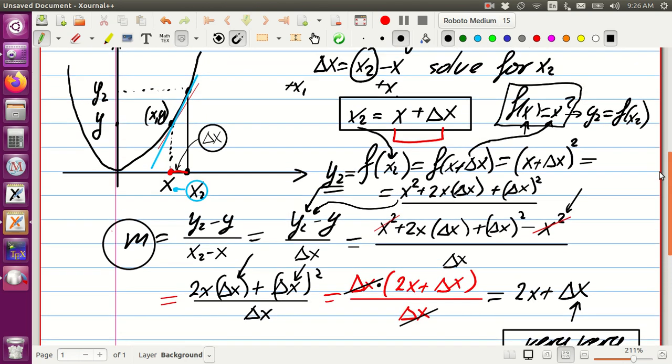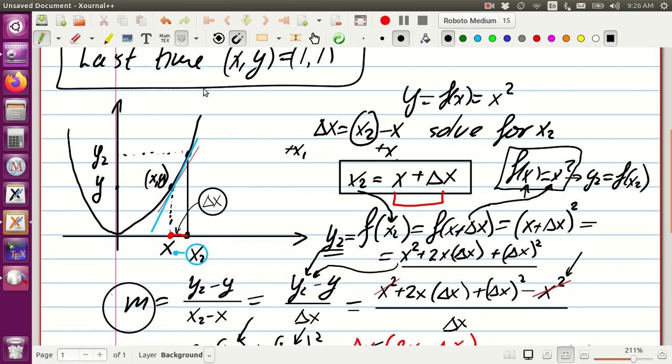And if you look at the graph of the function, you see that the slope keeps getting bigger and bigger if we move up. If the function keeps growing, our slope also gets bigger and bigger, steeper and steeper.